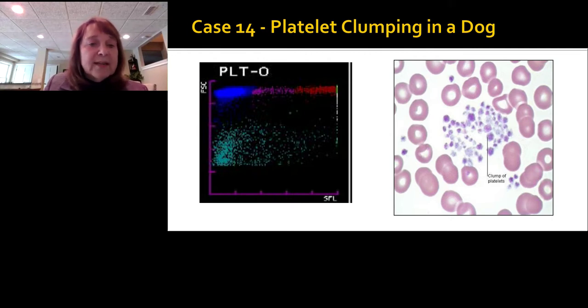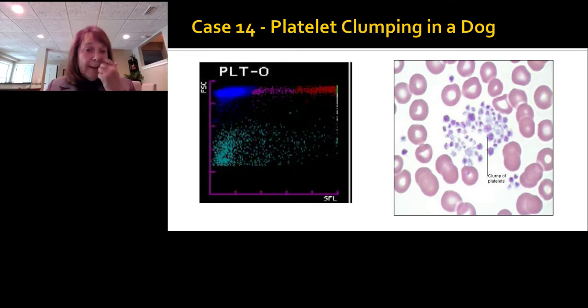Instead of a discrete population of platelets to the left and that nice immature platelet fraction, we now see a smear of platelets. That's because platelets are being assessed as clumps of fluorescence. So whenever you see this clumping, this smearing, it's synonymous with a true clumping that you would see morphologically.